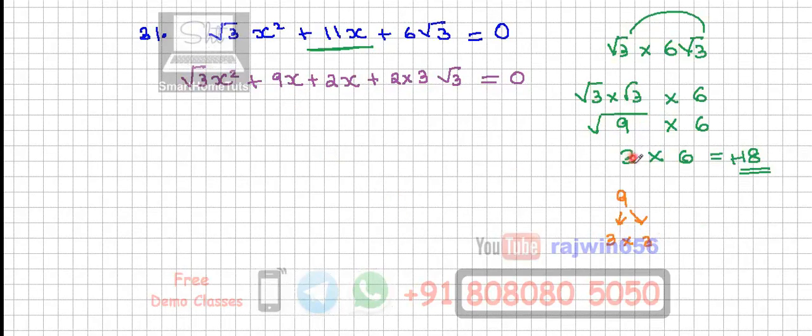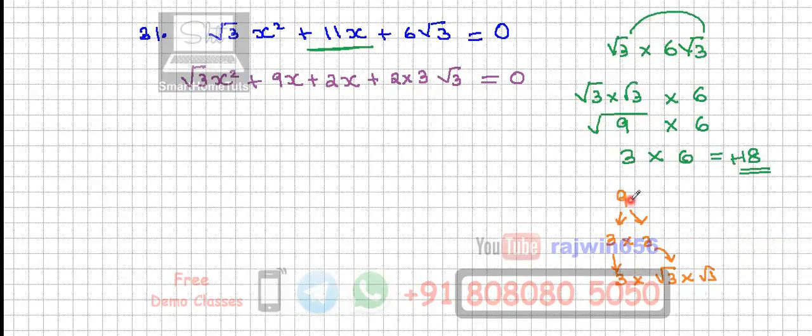This 3 which is there, I'm going to split as root 3 into root 3. I'm just doing the reverse of this step. Here 3 was written as square root of 9, and square root of 9, I will split up as root 3, root 3. So one of these 3's, I'm writing as root 3 into root 3, and this 3 is going to be as it is.